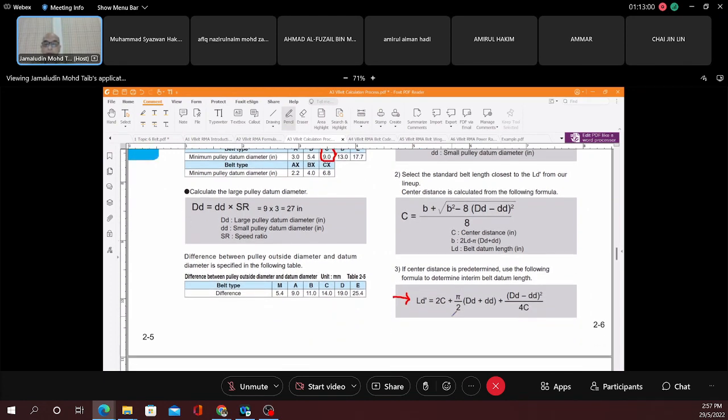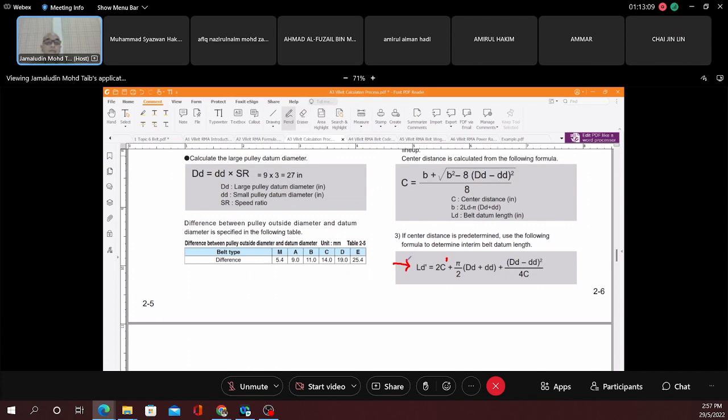C is going to be the center-to-center distance, which is equal to 18 inches. The larger D is going to be 27 inches, and the smaller D is going to be 9 inches.